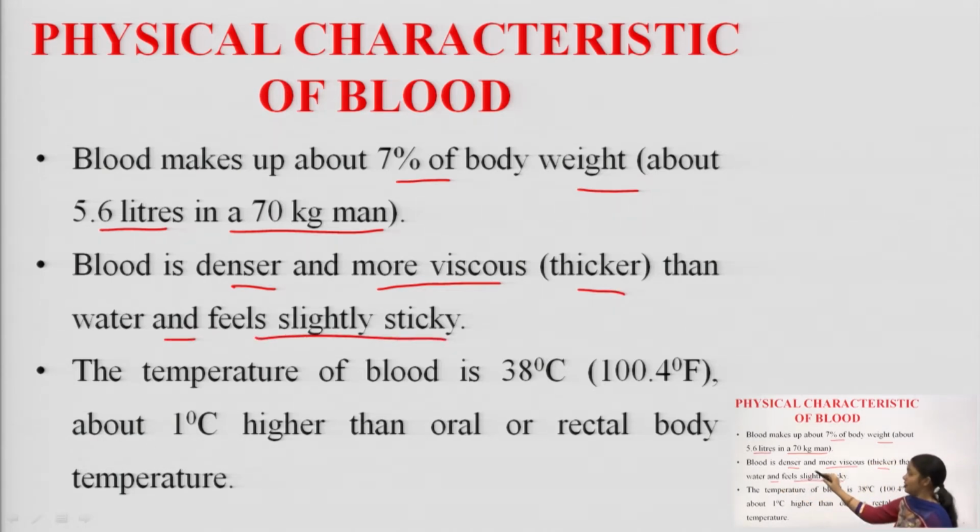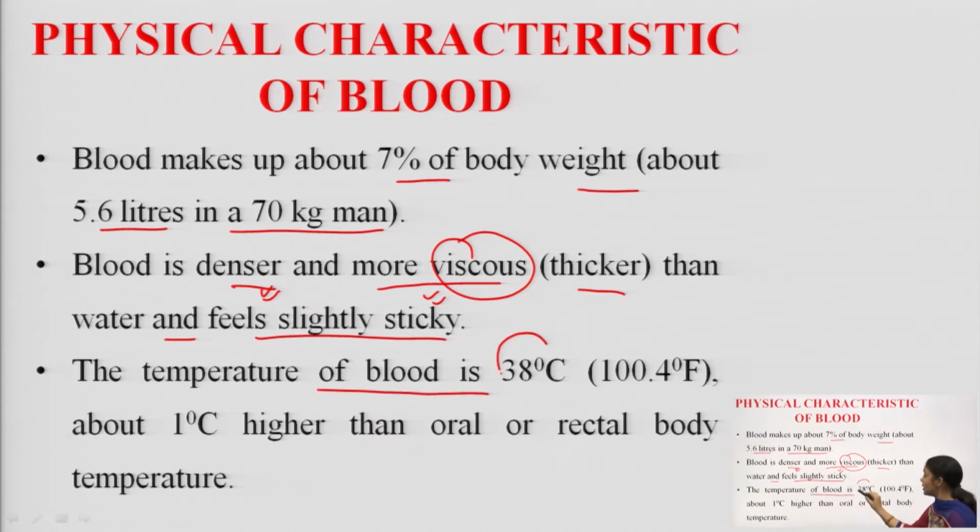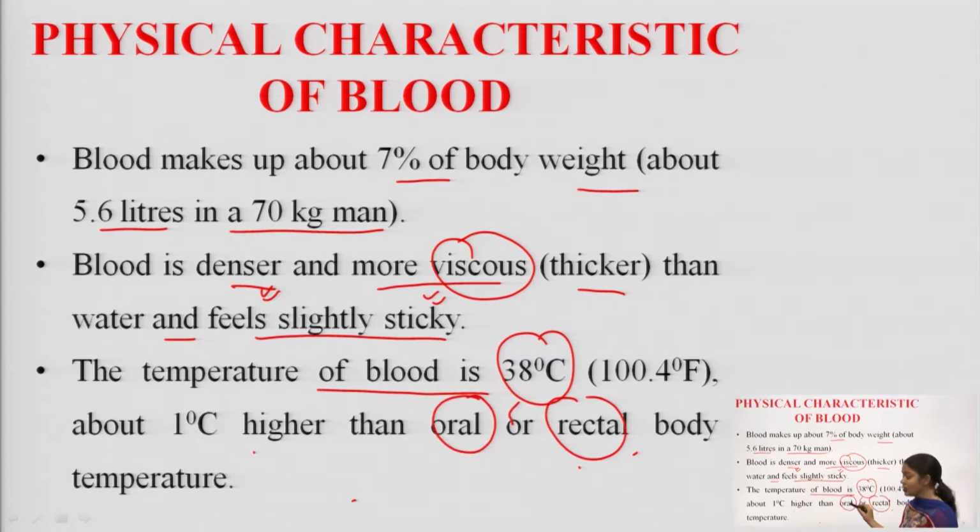The temperature of the blood is 38 degrees centigrade, about 1 degree higher than oral and rectal body temperature, which is 37 degrees centigrade.